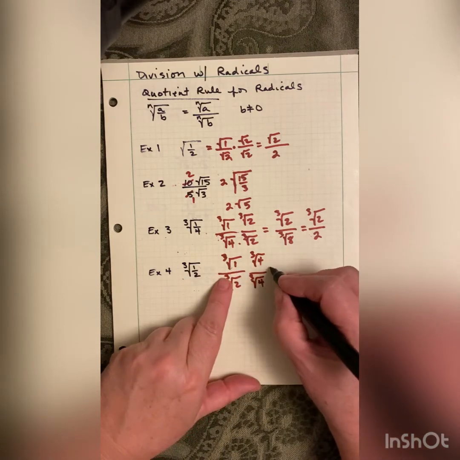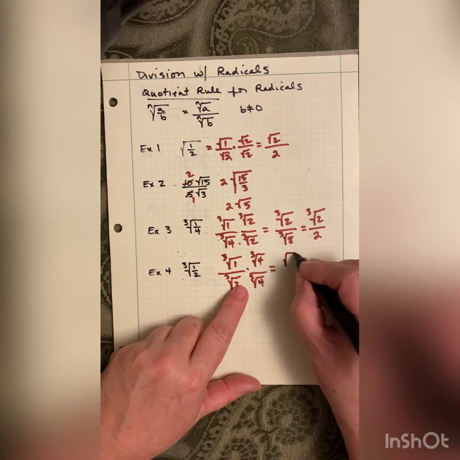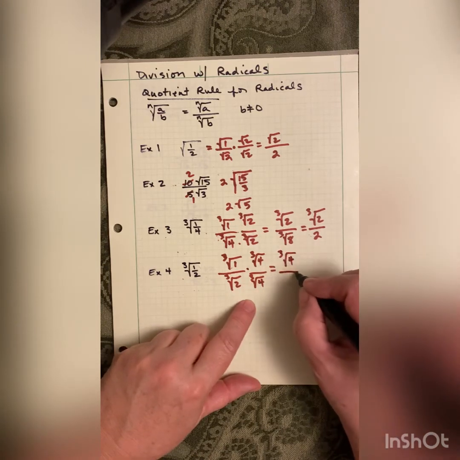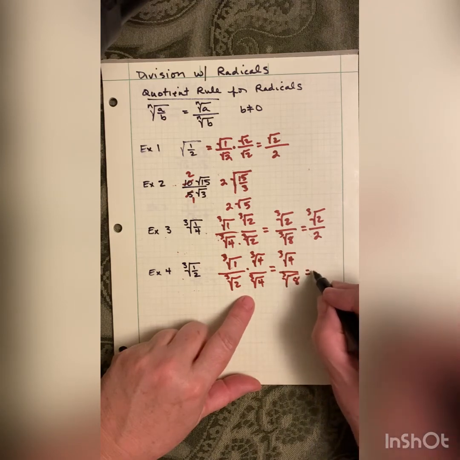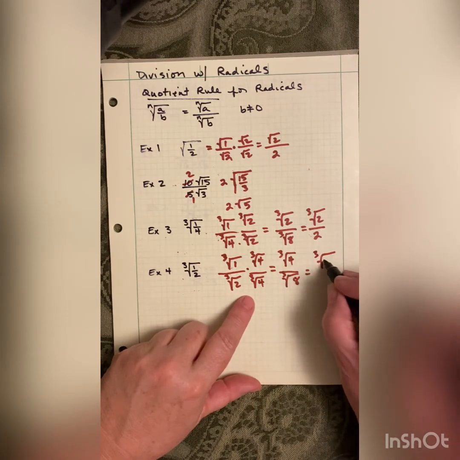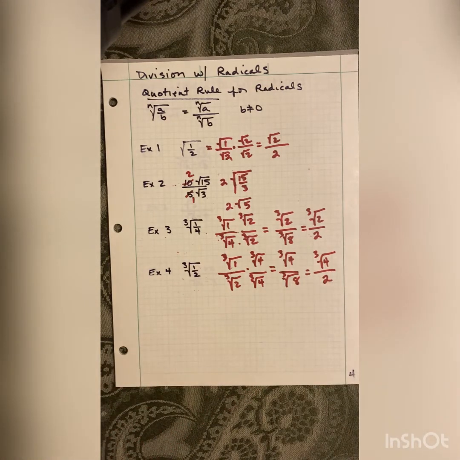Multiply straight across, same index being multiplied together, we can do this. The cube root of 4 on top, there's nothing we can do with that. Down here, the cube root of 8 is 2, and that's it.